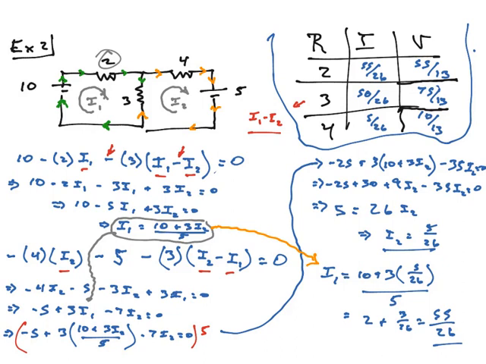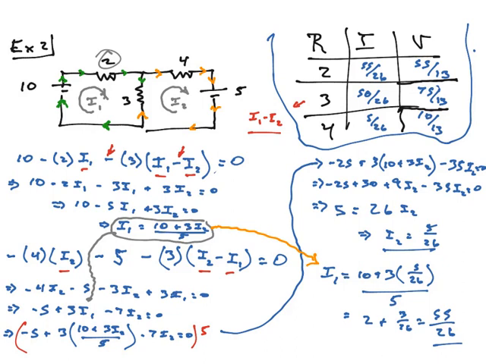Any resistor which feels both currents, I have to add the 2 currents together when I multiply it times the resistance. If both currents move in the same direction, I add them, I1 plus I2. If the 2 currents move in opposite directions, like this problem, where I1 was coming from the top, but I2 was coming in from the bottom, then one of them has to be negative.